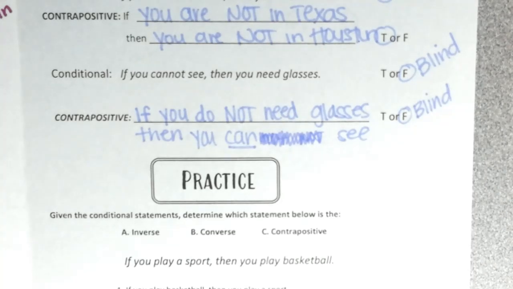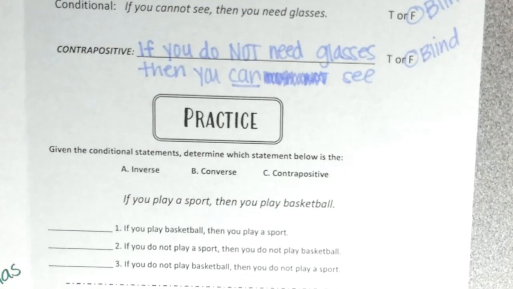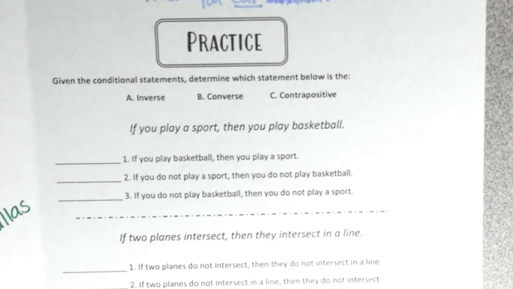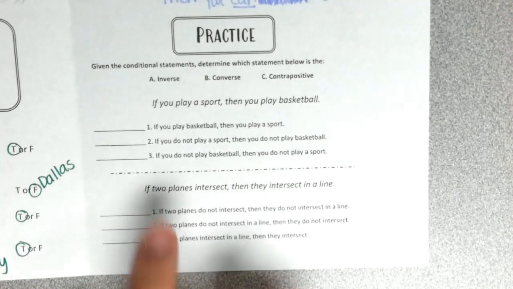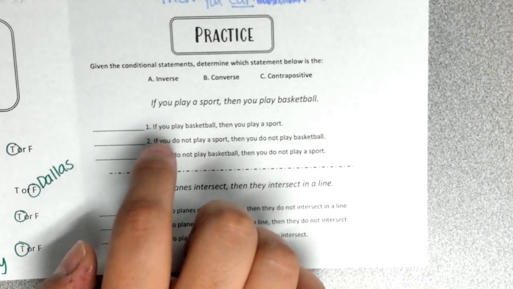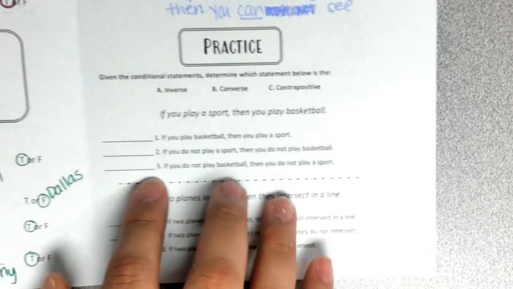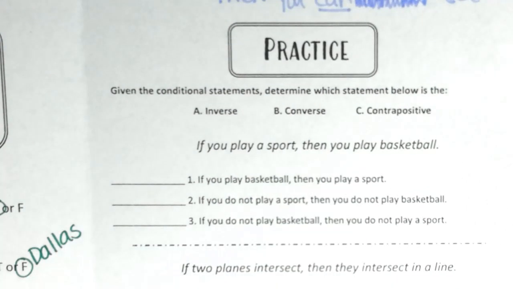Your test, this is 10 points from your test. Being able to do this next section. I want you to figure out which one of these are inverse, converse, and contrapositive. Real quick, right above it. What does inverse mean?